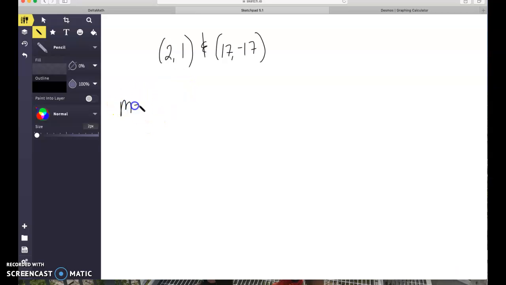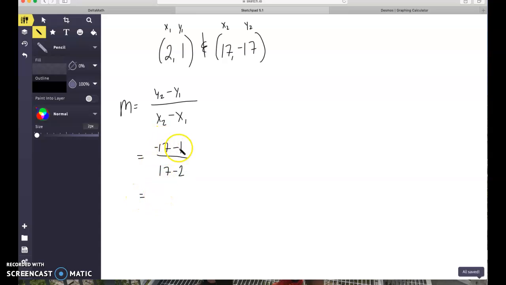Same thing, I could fill in, using my slope formula, y2 minus y1 over x2 minus x1, and I just have to label x1, y1, my first point, x2, y2 for my second point. I know my x always is my first number, my y is my second number in my coordinate pair. So filling this in, I'm going to do -17 minus 1 in my numerator and 17 minus 2 in my denominator.